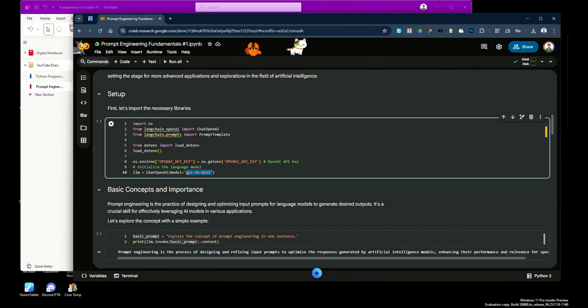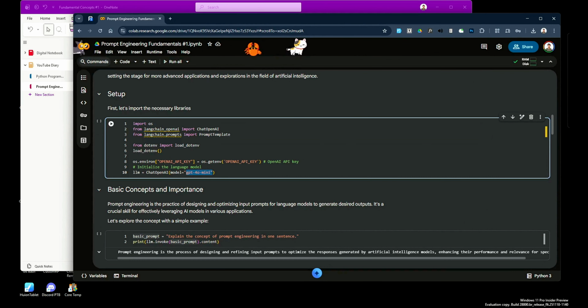What we will see first is the importance of the basic concept. At first we have the difference between a basic prompt and a structured prompt. Let me resize it to make it bigger.